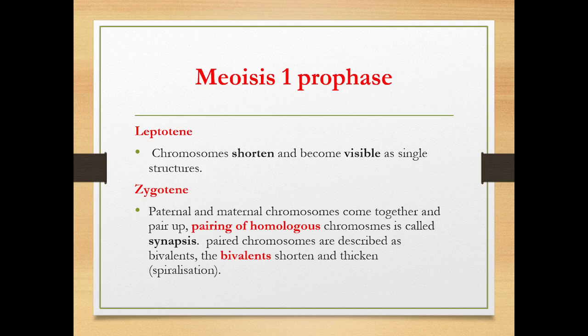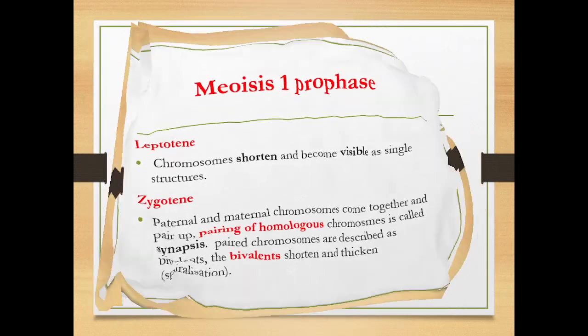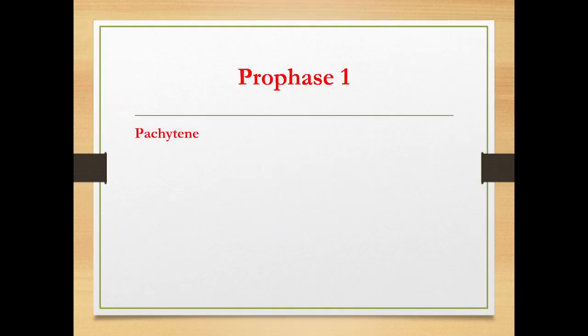Now, the paired homologous chromosomes are described as the bivalent, and this bivalent normally shortens and thickens. That process where the bivalent shortens and thickens is known as spiralization. Okay, so from there we have pachytene. Each chromosome will split into 2 chromatids.